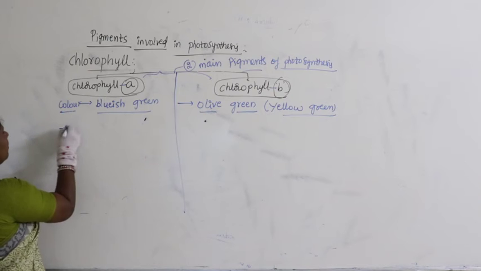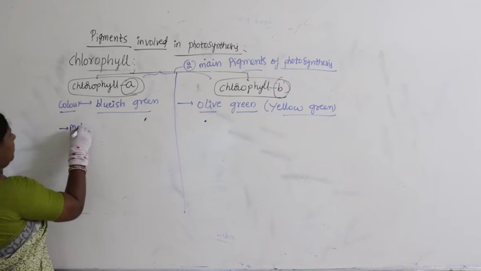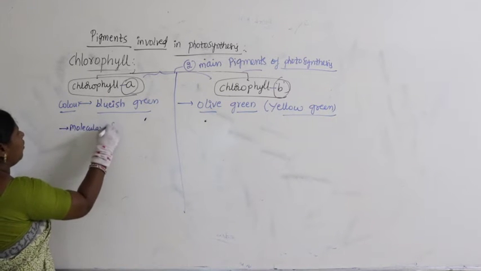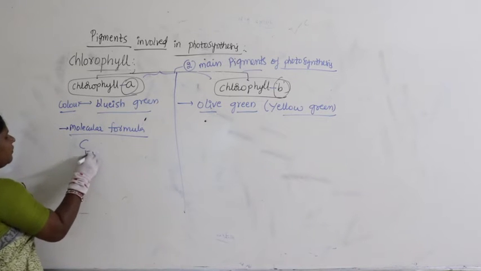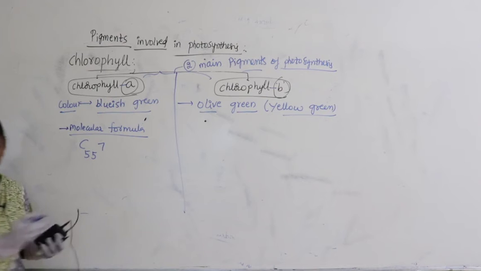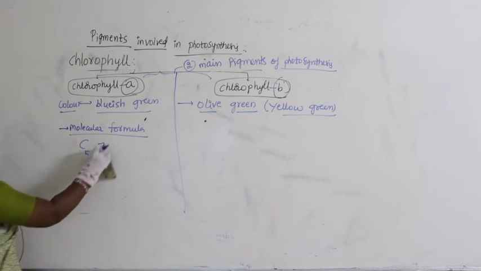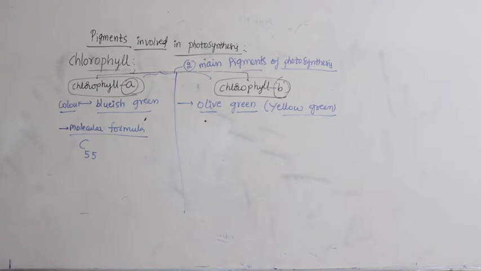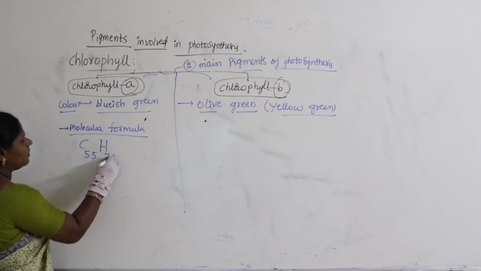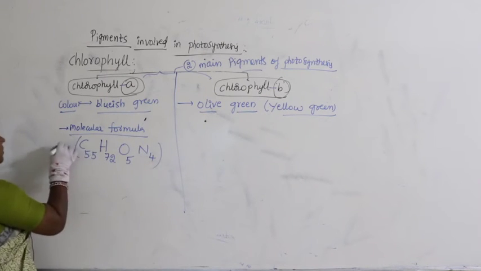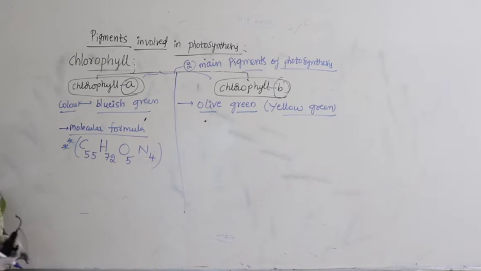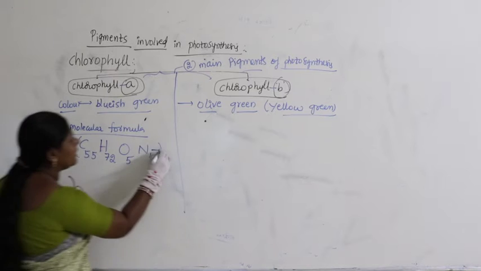Now if you take the molecular formula, meaning the structure, it contains C55, H72, O5 and N4. This is the molecular formula for chlorophyll A. With what is it connected?